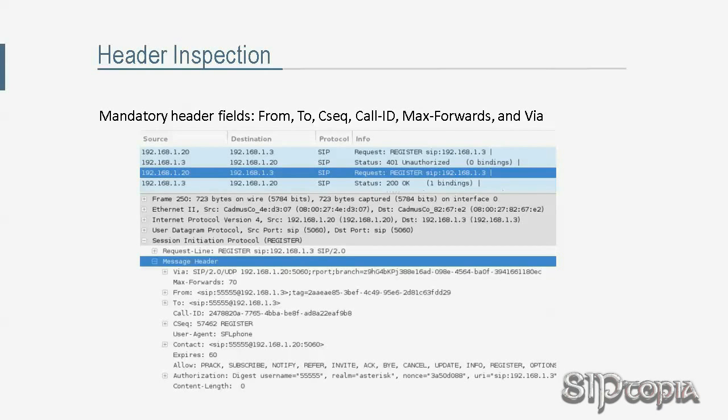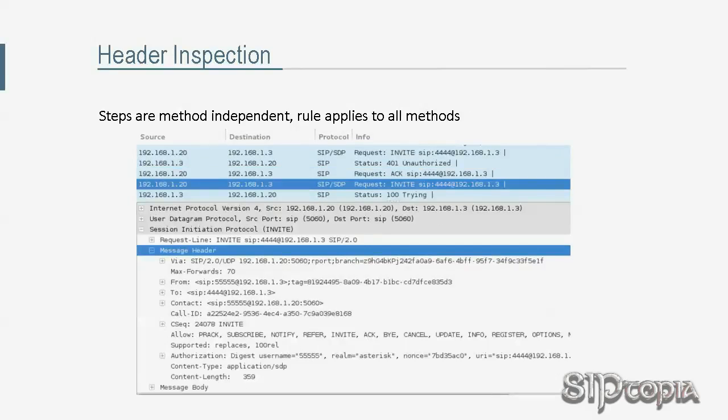Now that the UAS is doing a header inspection, in case one or more of these mandatory header fields is missing in the request, or the request is malformed, the UAS would respond with 400 bad request. Since these steps are all method independent, this rule applies to all methods, including the register and invite request we are using as our examples.